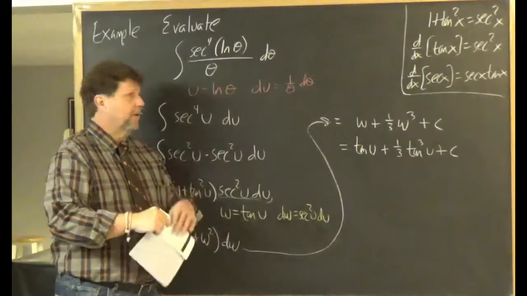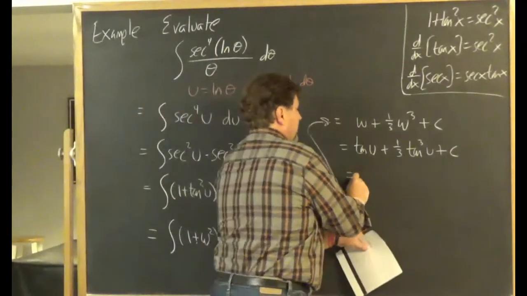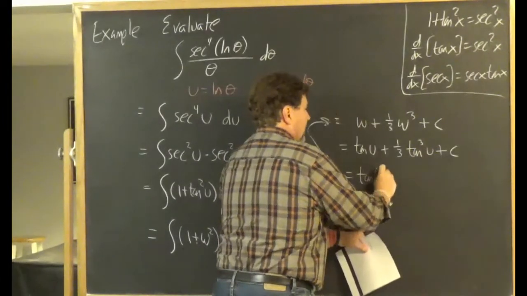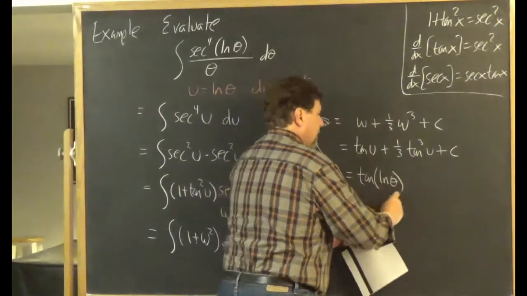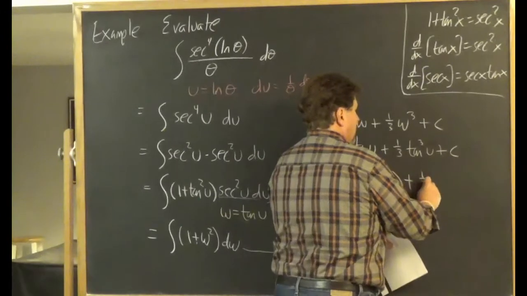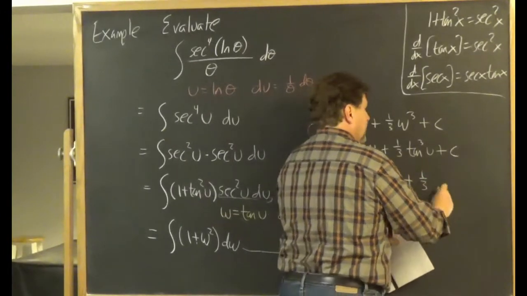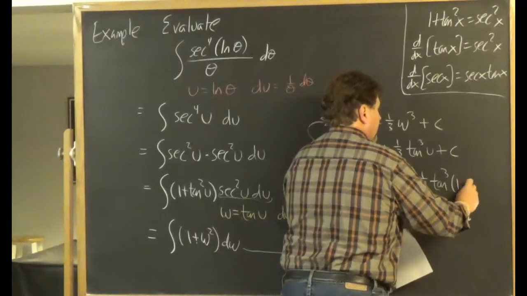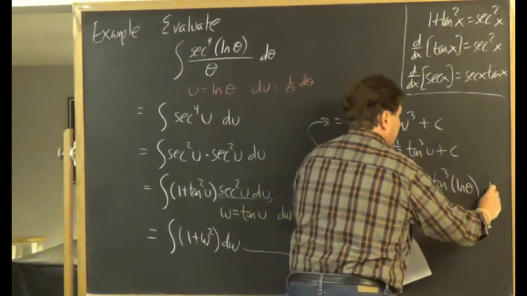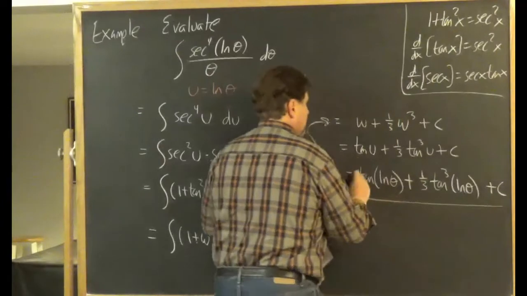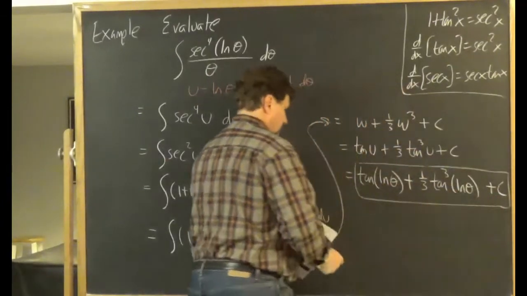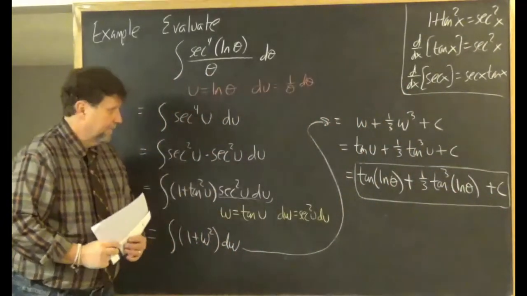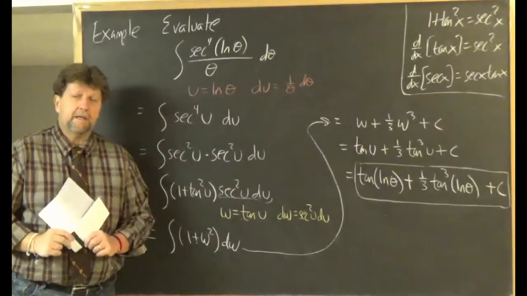My u is natural log theta. So I'd have tangent of natural log theta plus 1/3 tangent cubed of natural log theta plus c. And that was a pretty slick problem.